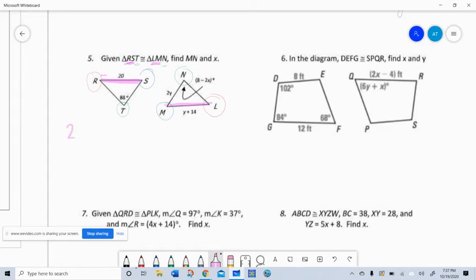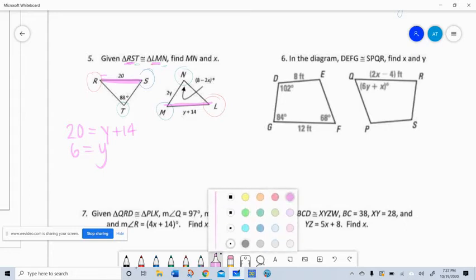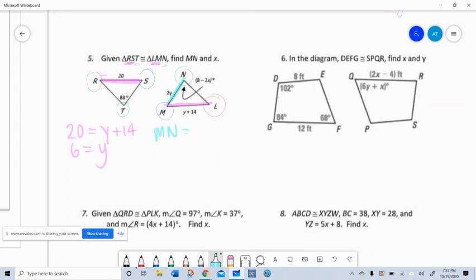So I could say that 20 must equal y plus 14, which means that y is going to equal 6. Now we know that if y equals 6 and side MN here equals 2y, that side MN must be 12, which was one of the things that we were looking for, MN.